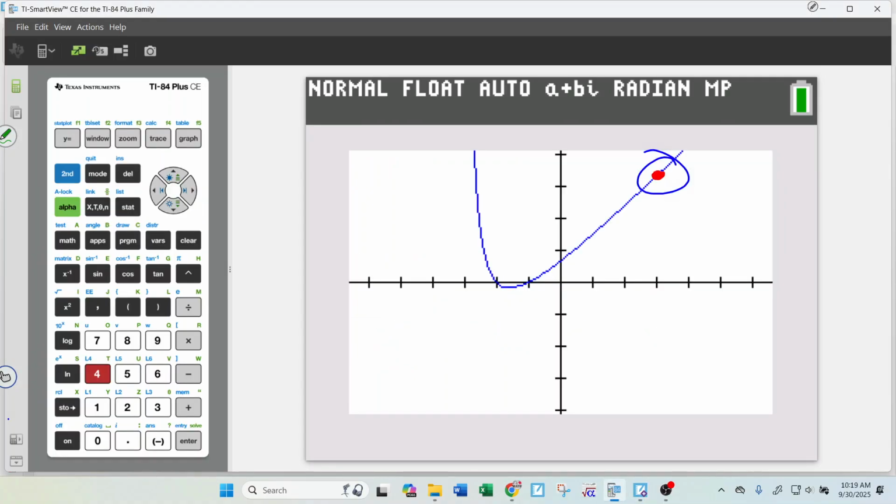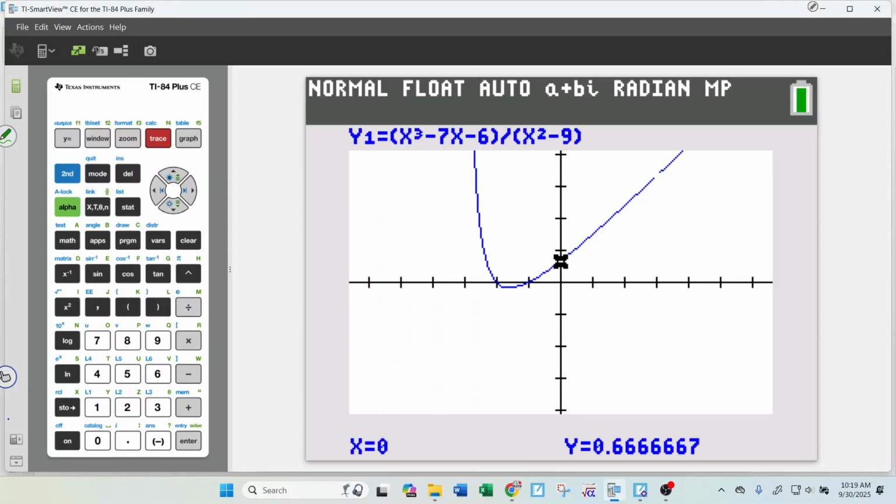Which, let's see, if we look here, does that look to be about 3 1/3? Does that look pretty close to what our graph is? Yeah. So looking at the graph, you're not going to find 10/3 by looking at this graph. But once you've found 10/3, you can use the graph to see that's pretty close, right?